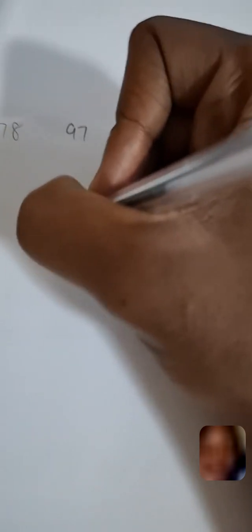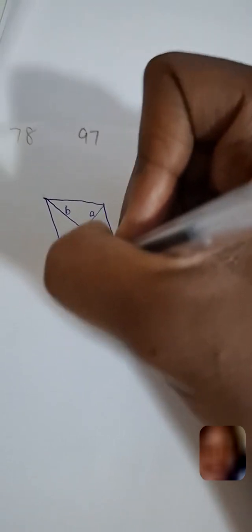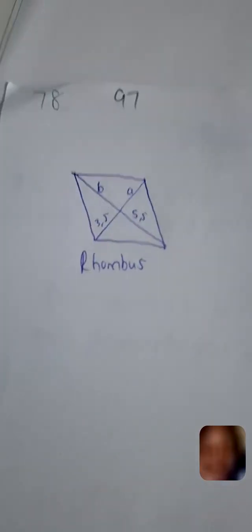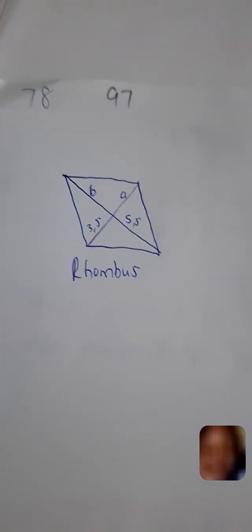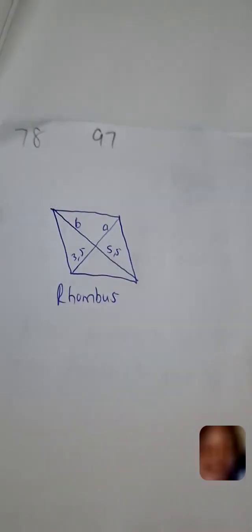Okay, so let's look at this. This is B, this is A. So once again, we have 5 comma 5, 3 comma 5, and we say that this is a rhombus. I want A, I want B. The dimensions are in centimeters again.